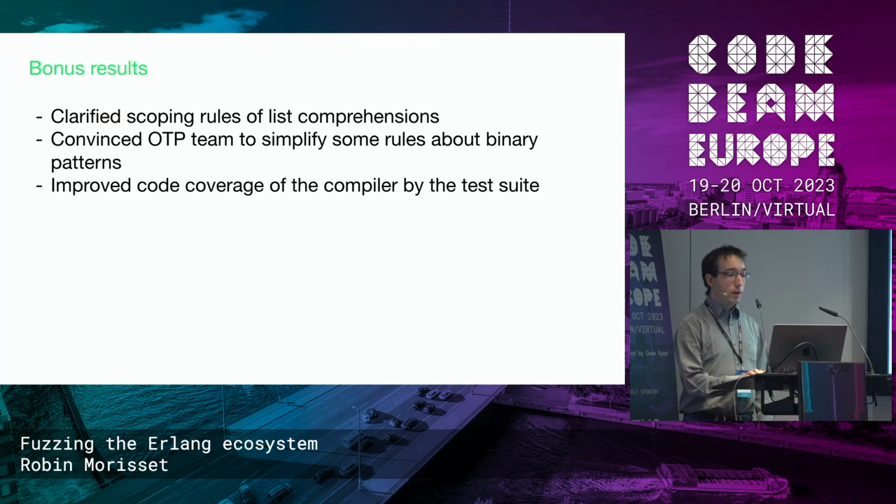And Björn from the OTP team found some really clever trick to improve the code coverage of the compiler with the OTP test suite. He went through the compiler and for every line that was not covered by the test suite, he replaced that line with an exit.